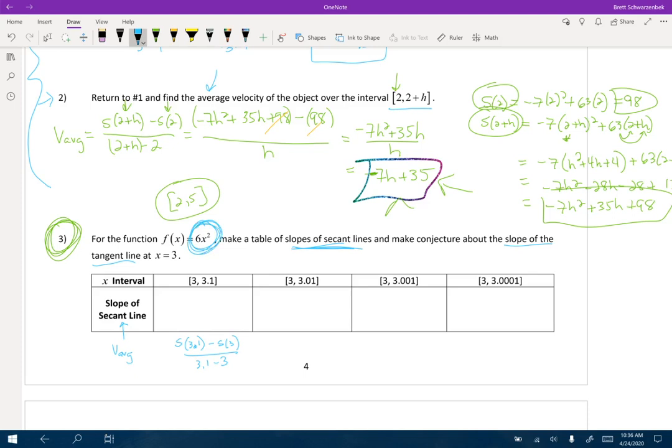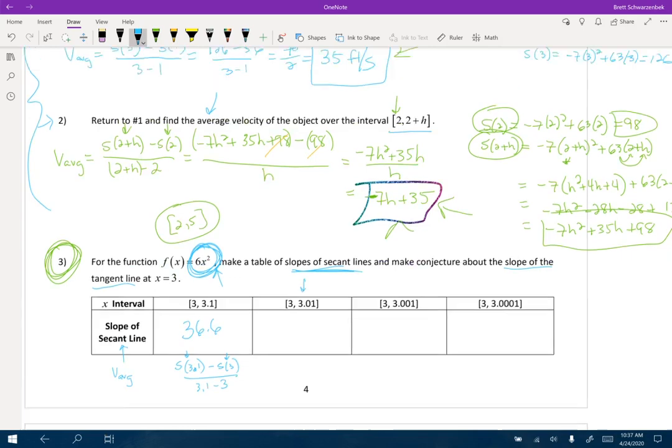So 3.1 squared times 6 gets you this over here, and 3 squared, which is 9, times 6 is 54, would go here. You would do all of that math, and what you would get is 36.6. I recommend, at least for the first one here, that you do the calculation so you understand where it came from.